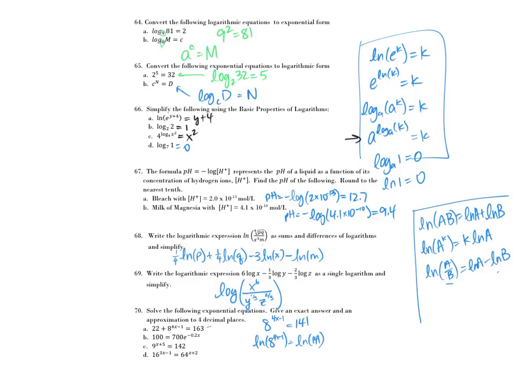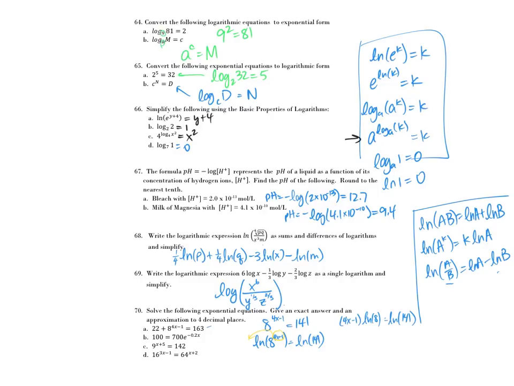And then I can pull that power down. And so I have 4x minus 1, natural log of 8, equals natural log of 141.